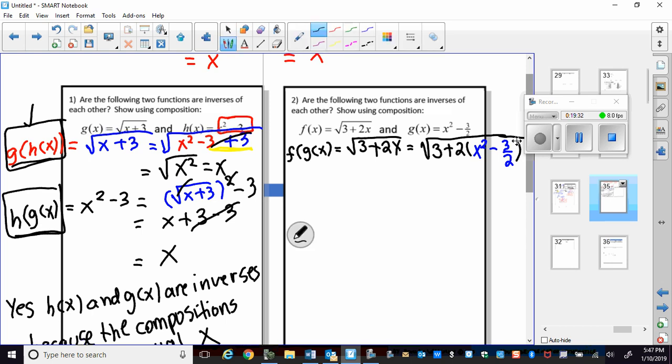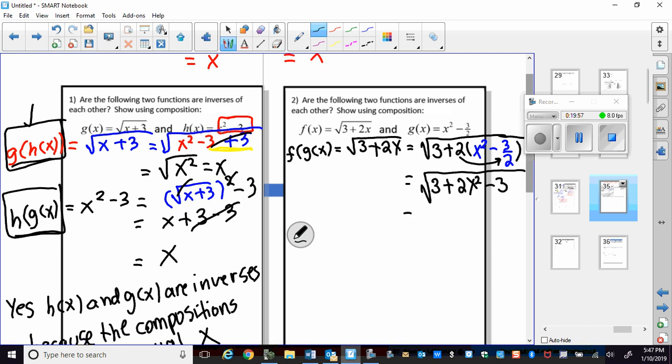So I keep going, equals the square root of 3 plus 2 times x squared, which is 2x squared. And distributing to the second term, 2 times negative 3 halves is minus 3. Okay?